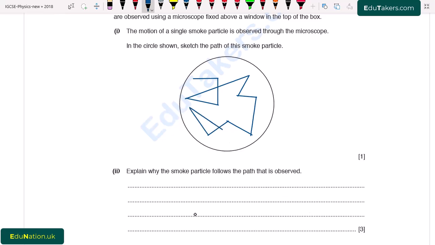So this is basically the motion of the smoke particle, because it moves randomly in all the directions. So their motion will be zigzag.